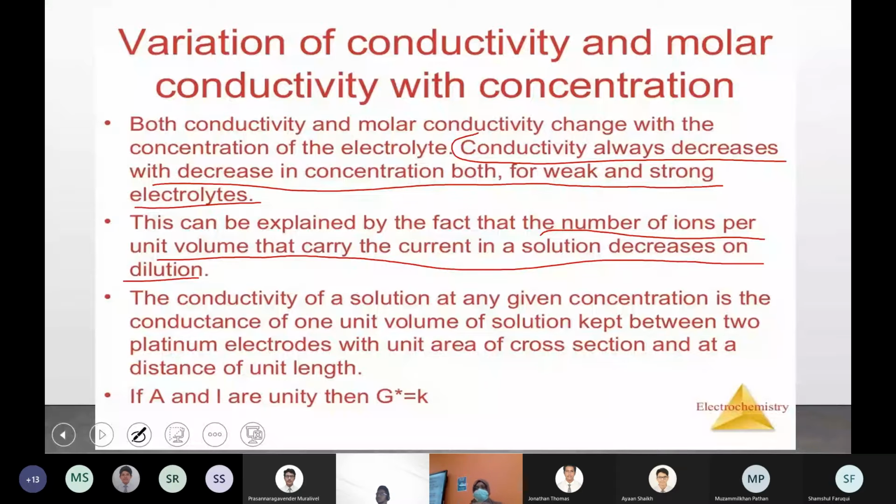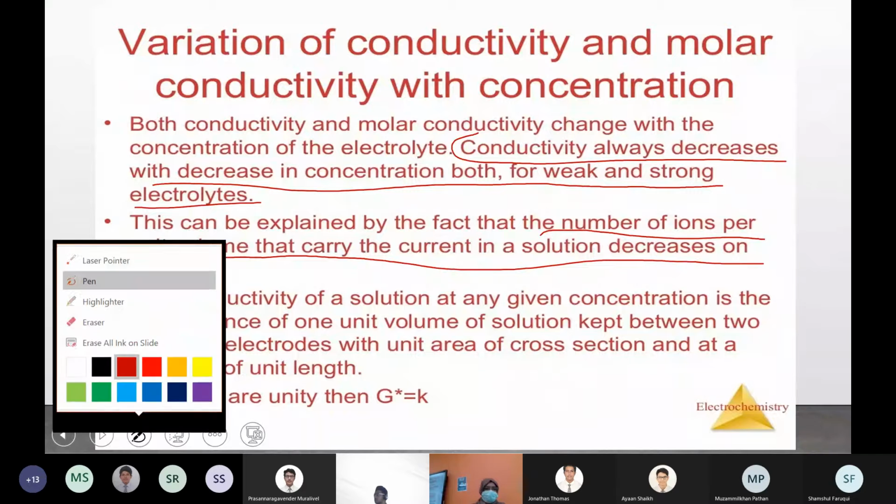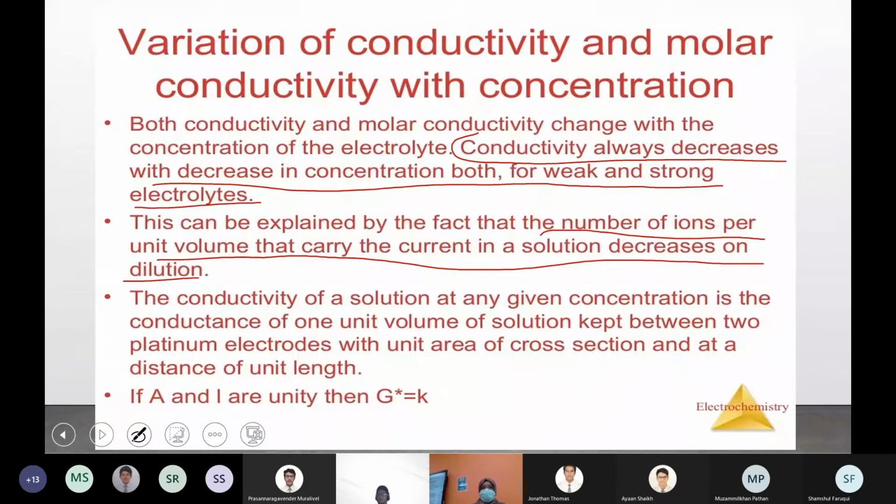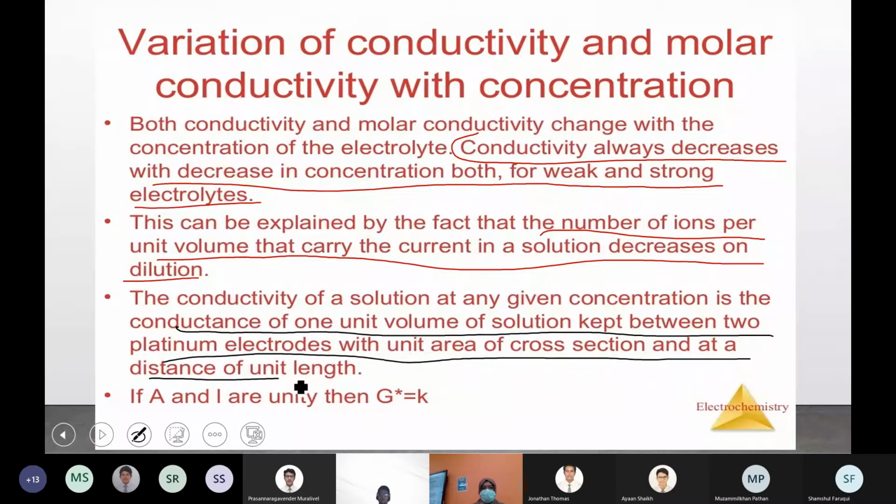The definition of conductivity we discussed already in yesterday's class, but I don't think you might have written the definition. Conductivity of a solution at any temperature is the conductance of 1 unit volume, with area of cross section 1 centimeter square and unit length.